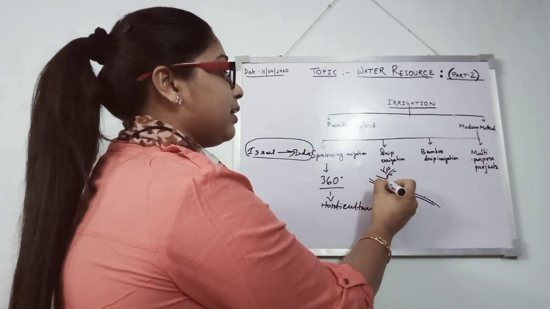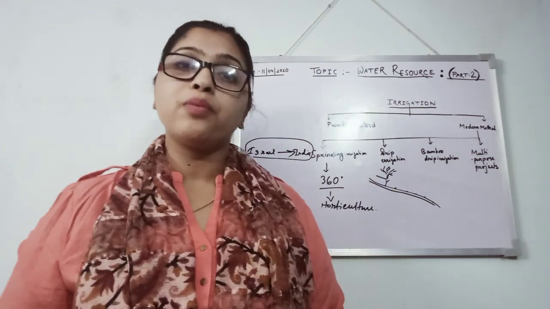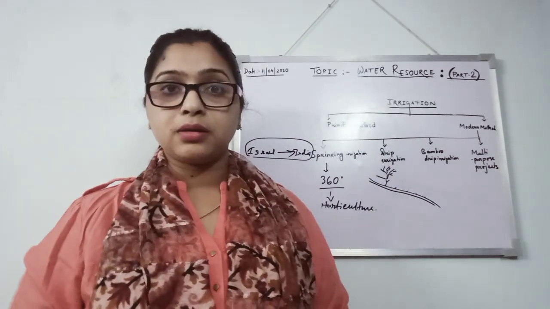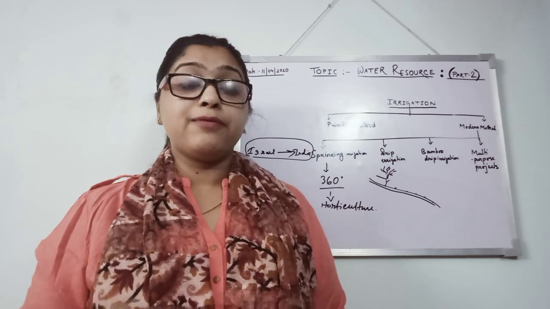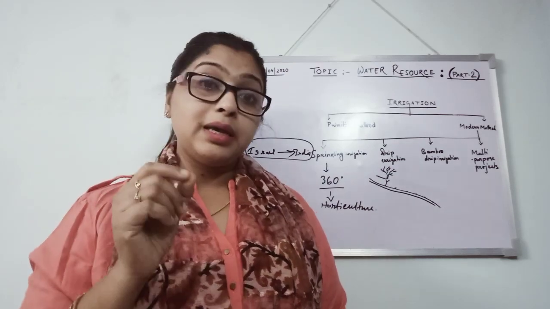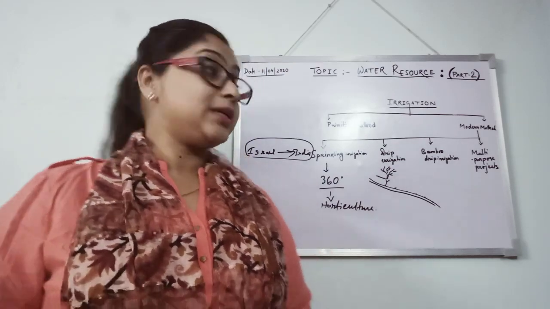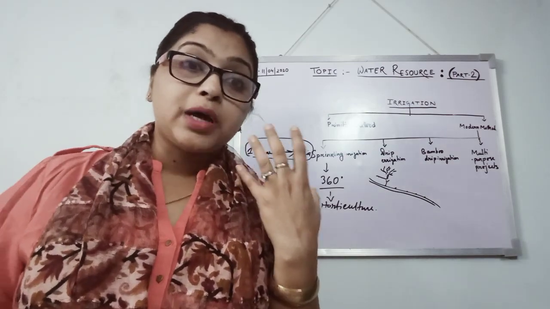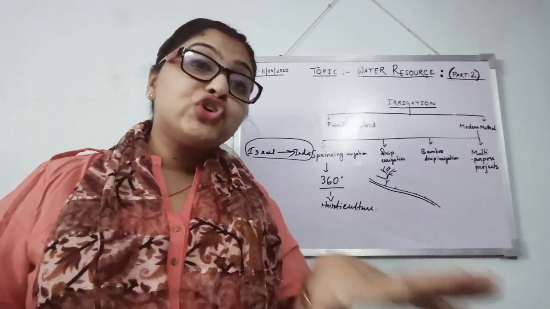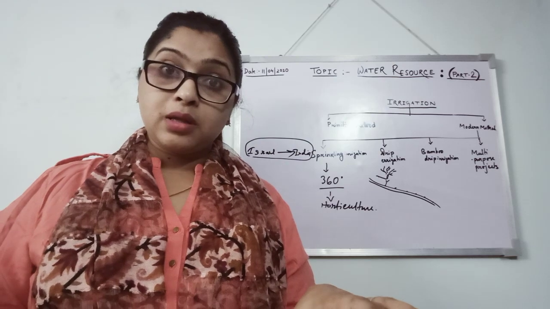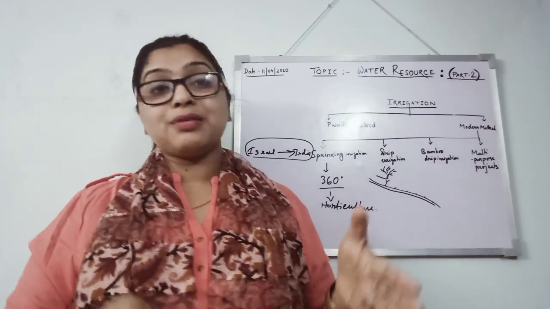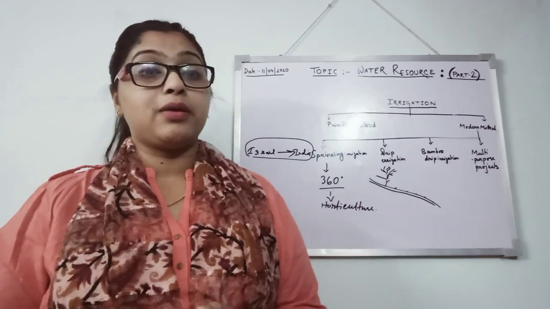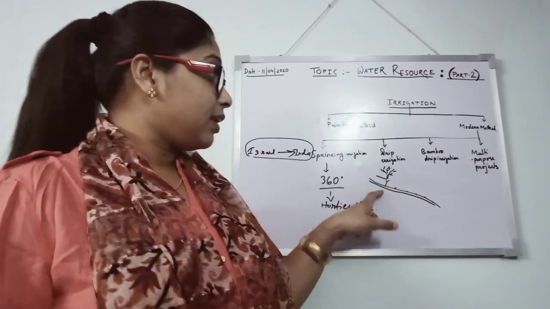It means it is directly giving moisture and water to the roots of the plant. We can say it is very effective, as it prevents loss of water and directly moisturizes the roots.